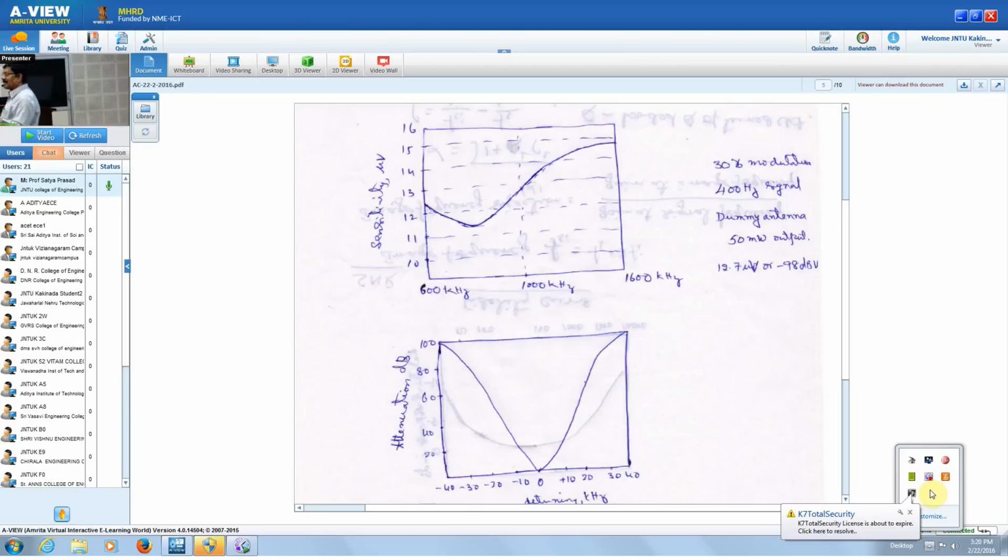Then again, two. After 600 and then on. So this is our typical.